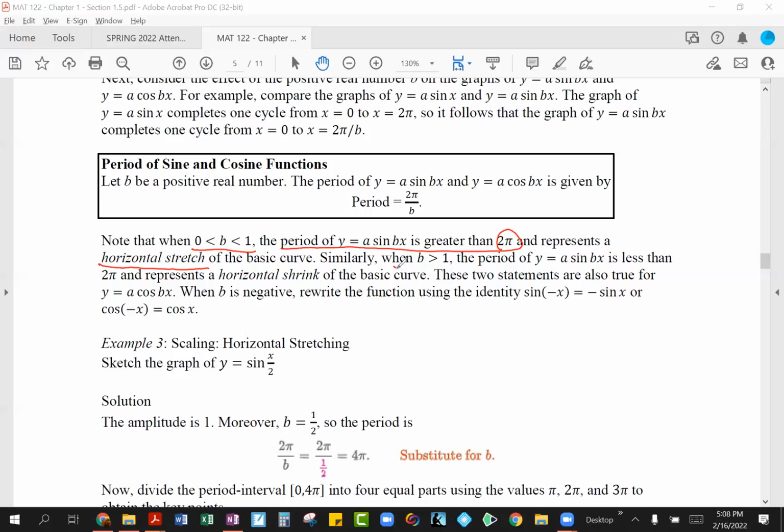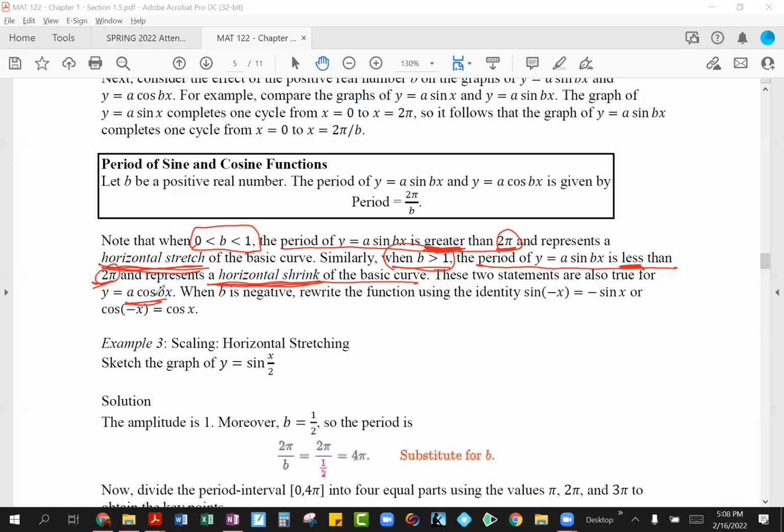If the value of b is greater than 1, then our period will be less than 2 pi, and we will see a horizontal shrink in the basic curve of our function.